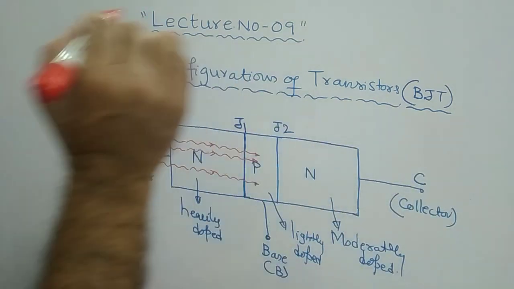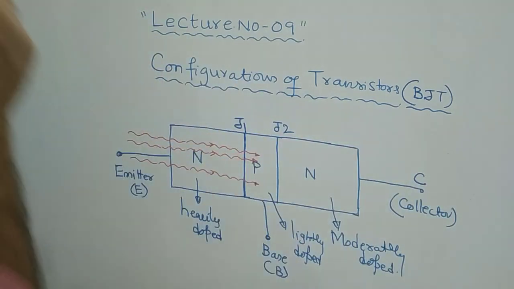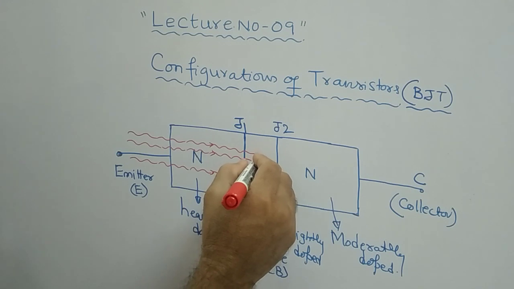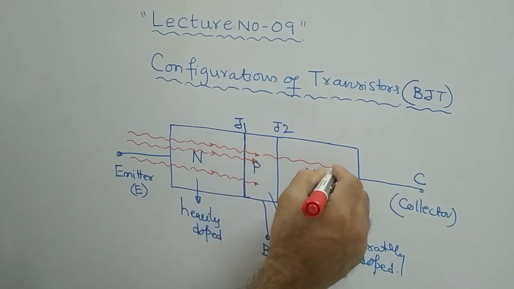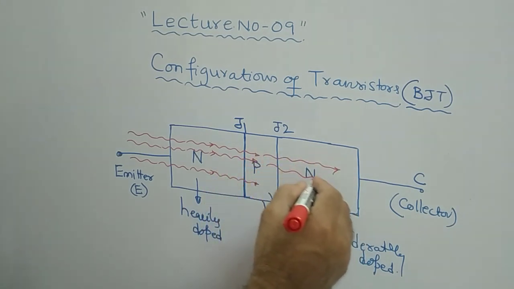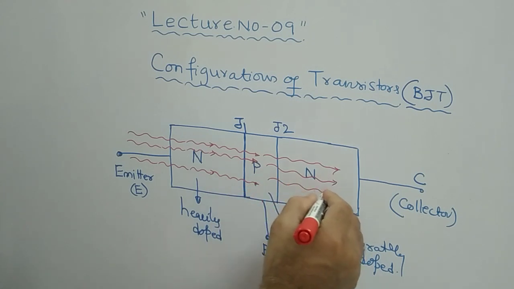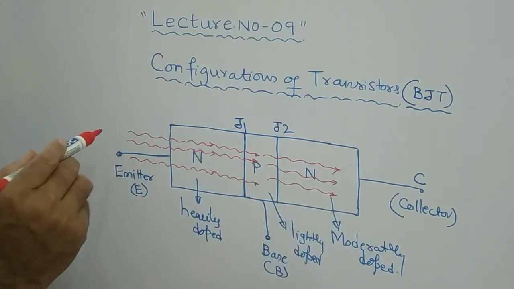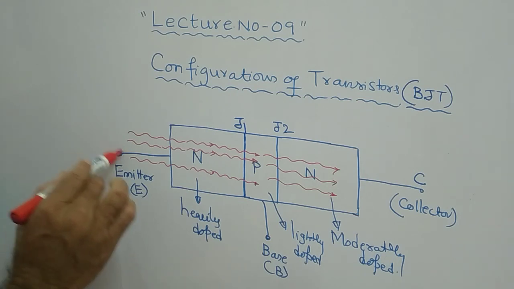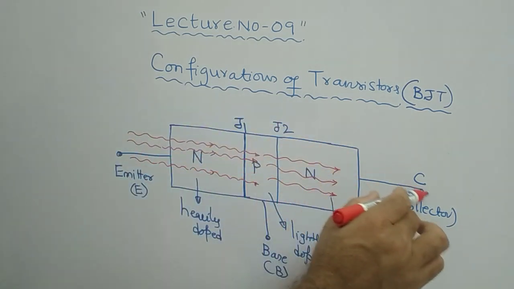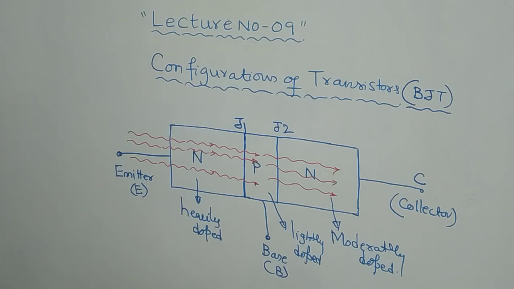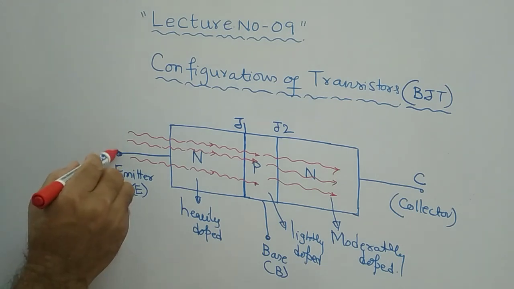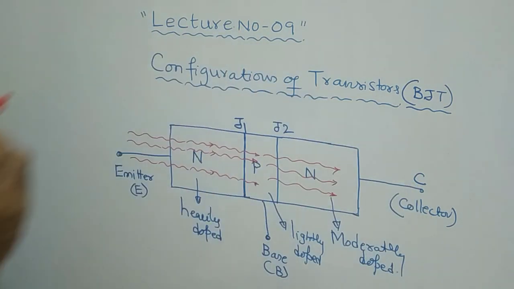So the electrons start their flow from the emitter and finally reach the collector. They start from here and are collected by the collector. Clear?